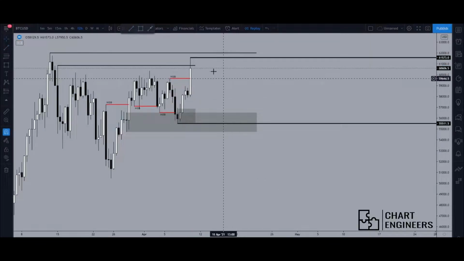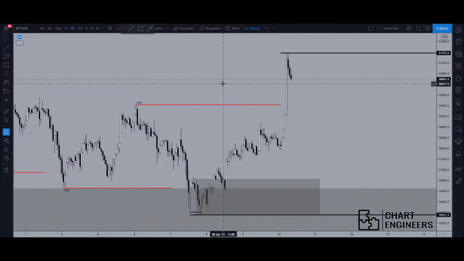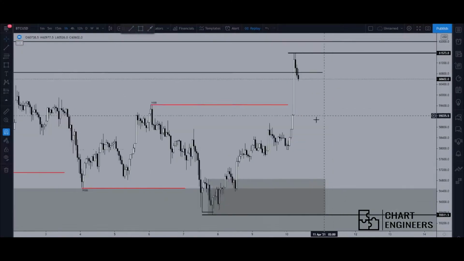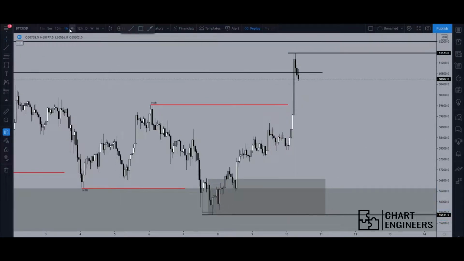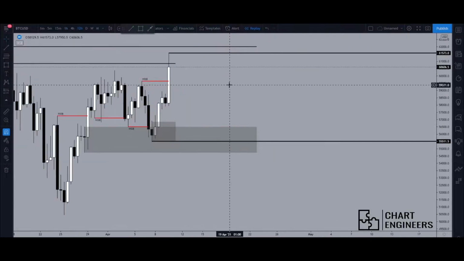And then as we see, if I go back to the 1 hour, price just pushed up, no real reason to cut the short, and then we pushed above all of the liquidity, and by the time it's come up, that's 3.5R. That's more than enough from one trade. So that is that trade done.